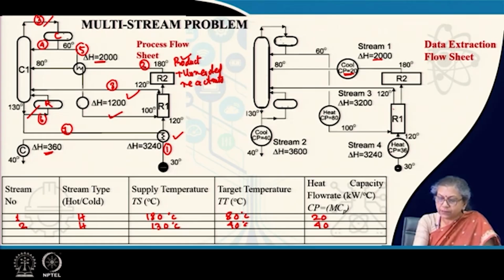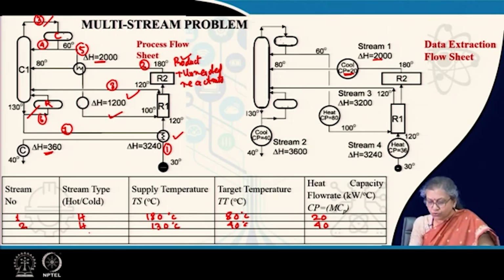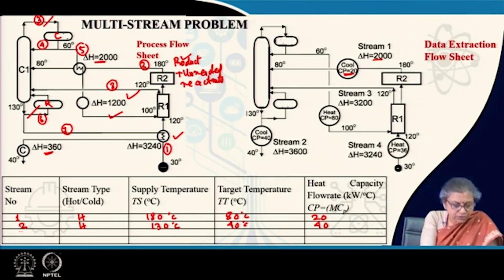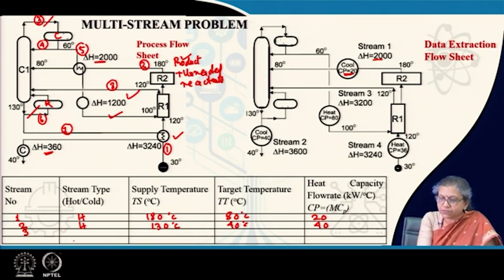Well, the third stream is the cold stream, because it has to be heated from 60 degrees to 100 degrees. So, therefore, this is stream 3, a cold stream from the reflux drum which has to be heated from 60 to 100 degrees centigrade.